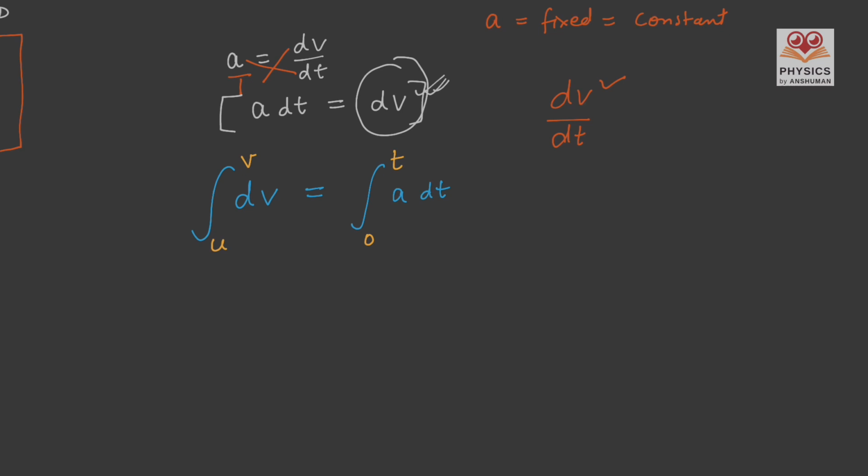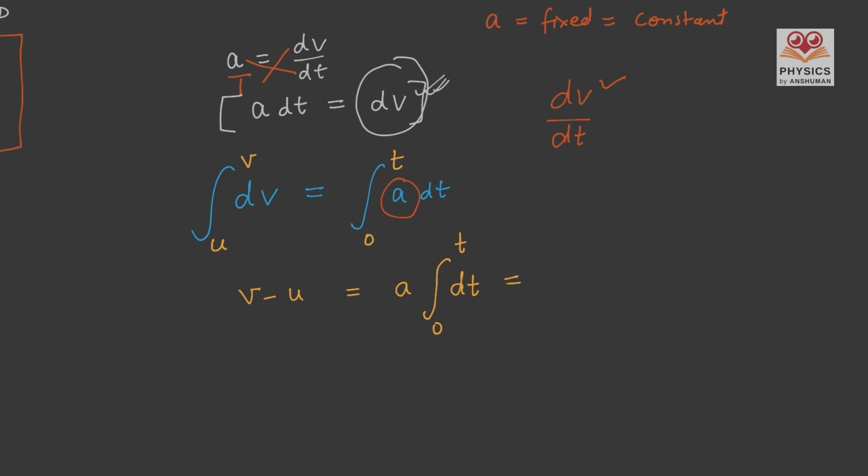On the right hand side, if we get any constant when we do integration, we don't integrate the constant. Always we bring the constant out of the integration. So we will write a, and then we will use the integration sign, and only what is already differentiated can be integrated. So dt can be integrated from 0 to t.